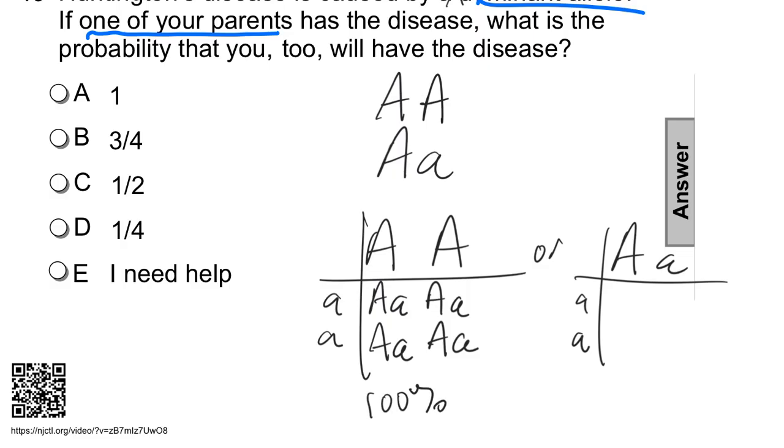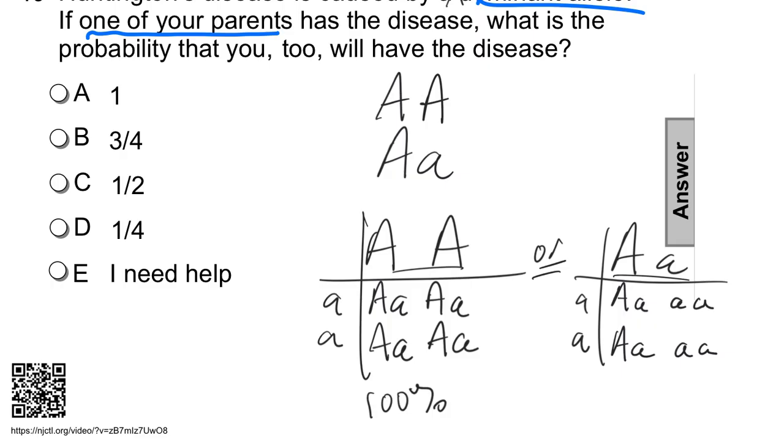But if he or she is heterozygous, it'd be 50%. Because this is an or situation, we don't really know which way the sick parent is.